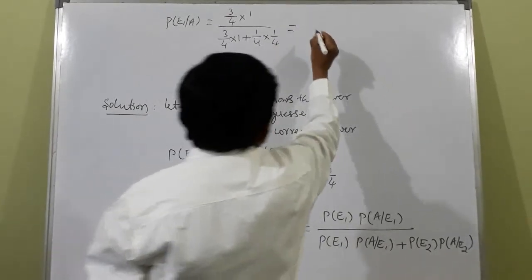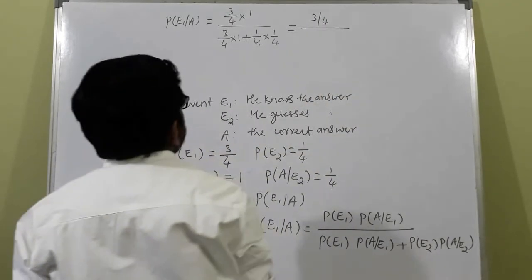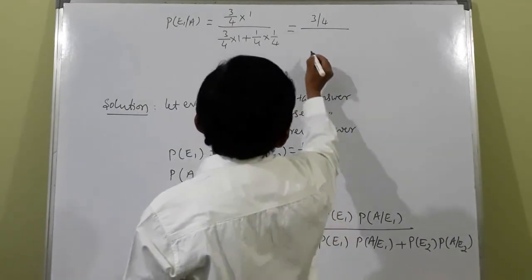That is 3 by 4 divided by 3 by 4 plus 1 by 16.